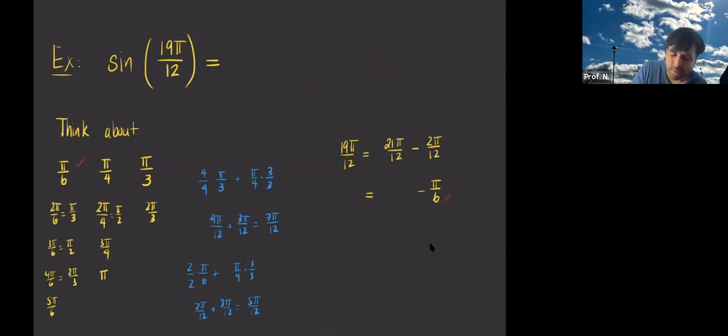And then how about 21 pi over 12? I can divide both by 3, and I get 7 pi over 4. And 7 pi over 4 is a multiple of pi over 4. So I know it's not that apparent. You have to think about this a bit more.